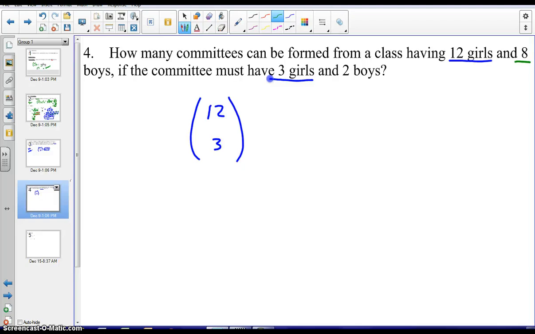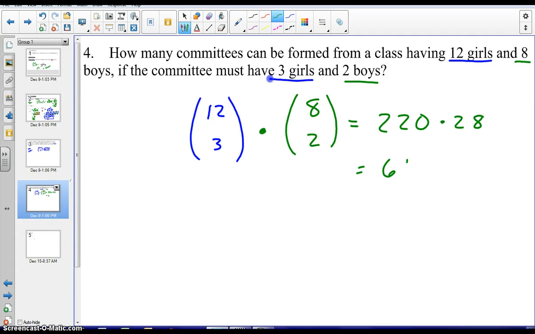If we had 8 boys and we're choosing 2 of them, that would be 8 choose 2. By the fundamental counting principle, we multiply those two together. Using our calculator, 12 choose 3 is 220, and 8 choose 2 is 28, which gives us 6,160 ways this can occur.